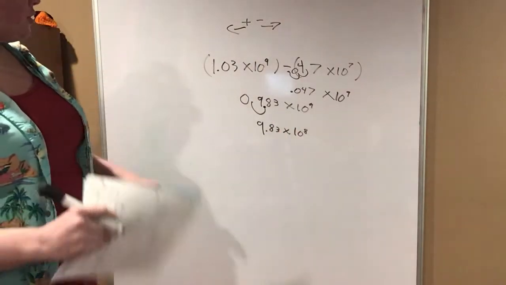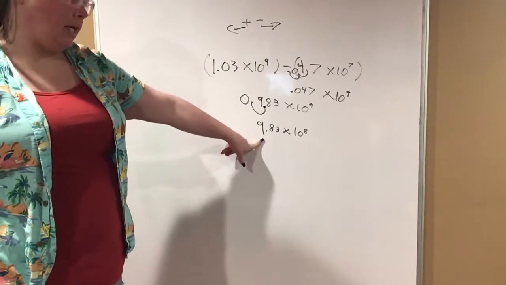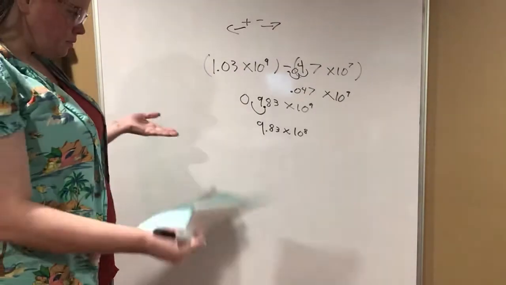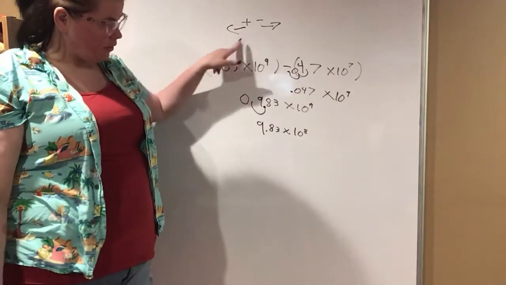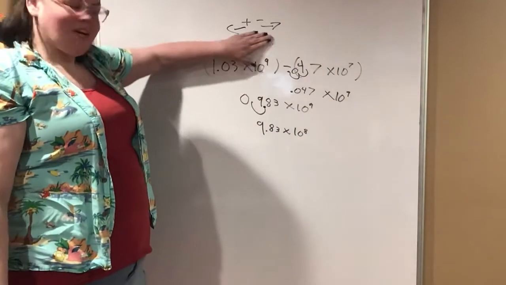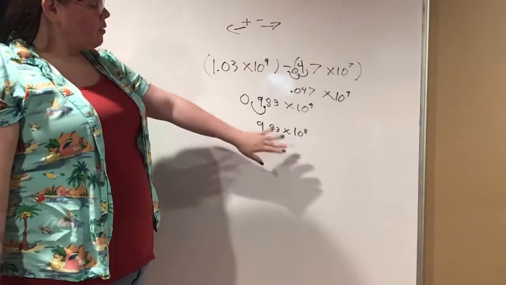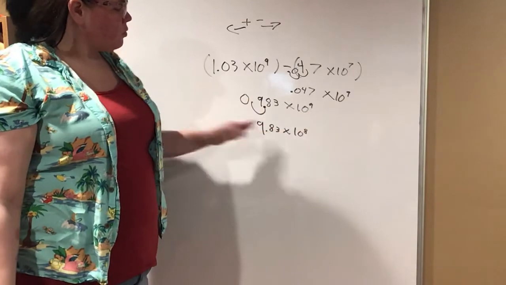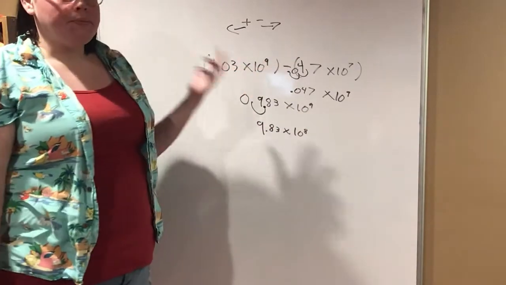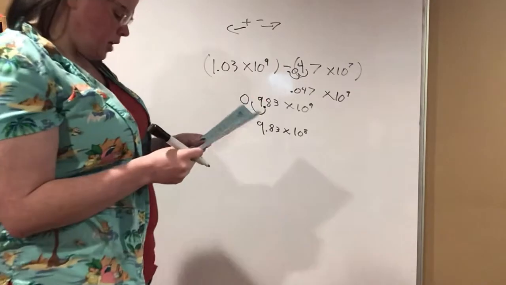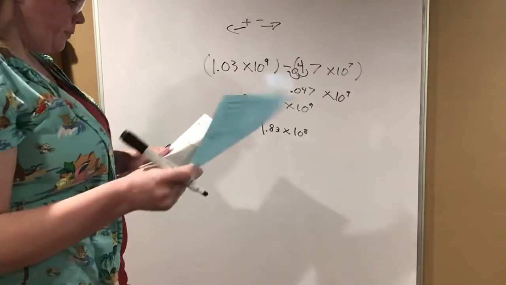Always make sure that you move it so it is a number between 1 and 10, and make sure you're using this little cheat sheet. I like it. It makes sense to me. And then make sure you always change the exponent to whatever you did. If you went this way, it goes down. If you went this way, it went up. That's adding and subtracting. It's really relatively easy once you figure out which way you're going.